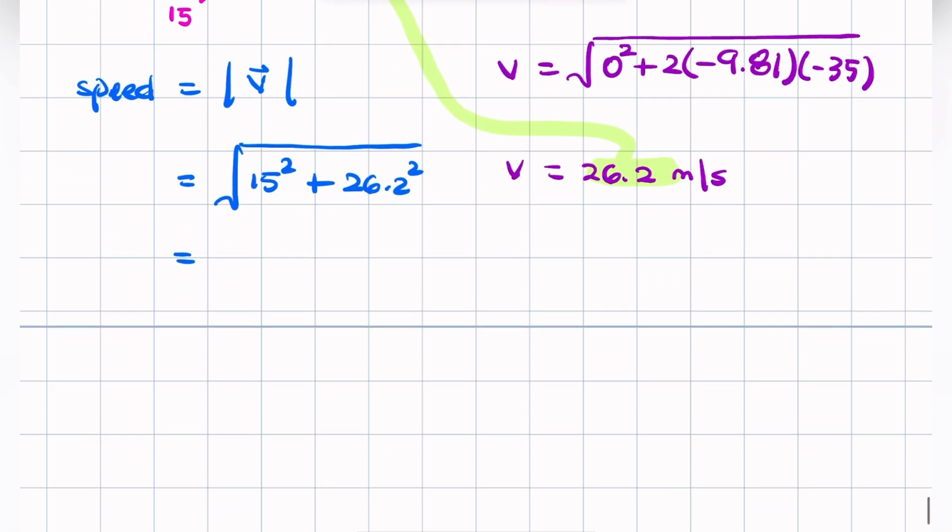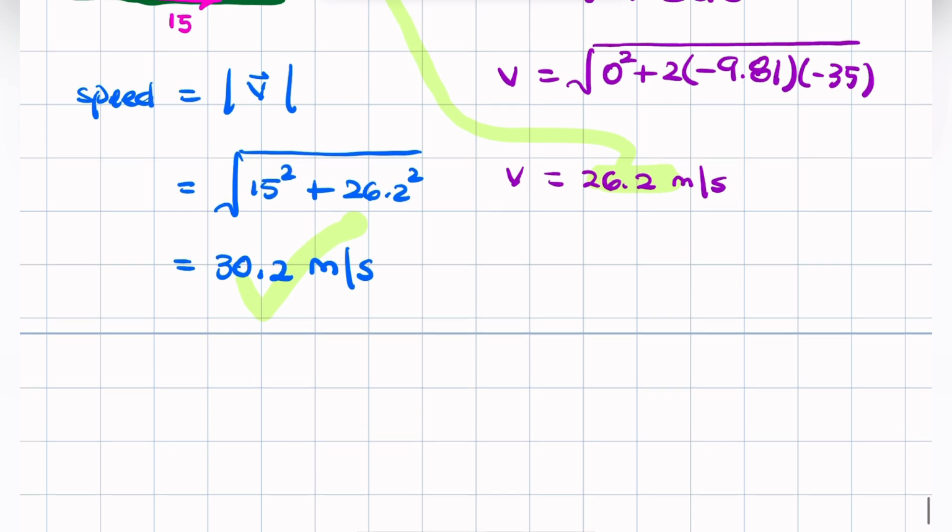And that'll give you 30.2 meters per second. And that's the answer to part C.